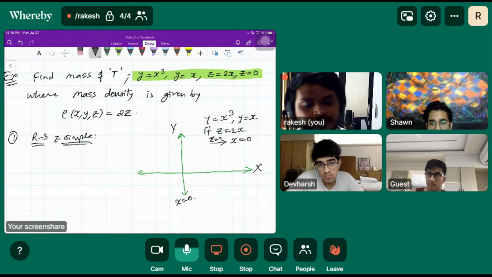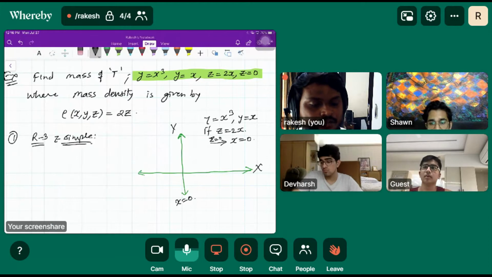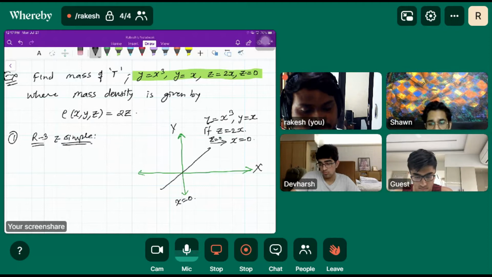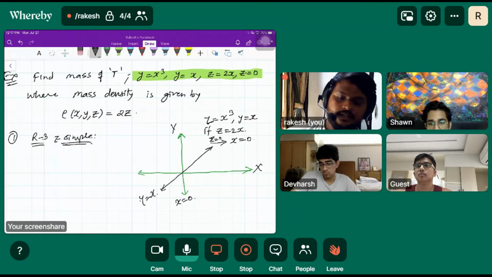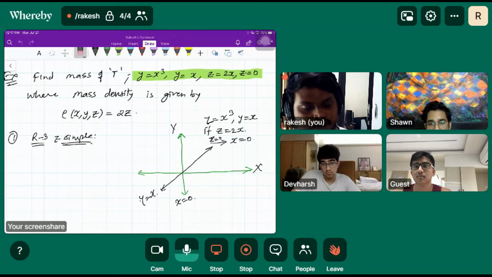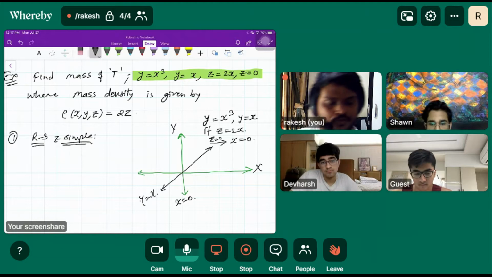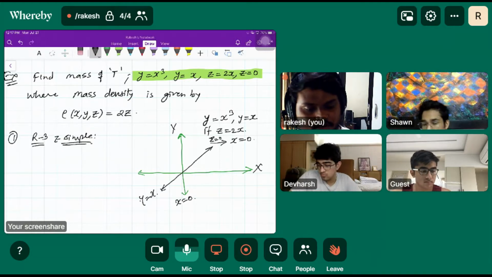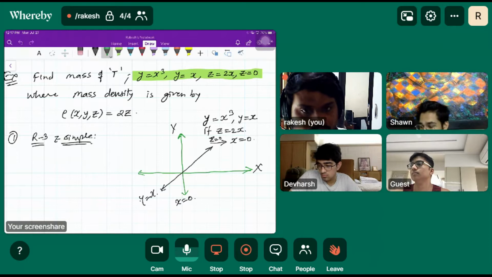So the region bound by all of this must be between y is equal to x, which is this line, and y is equal to x cube. How do we draw y is equal to x cube?